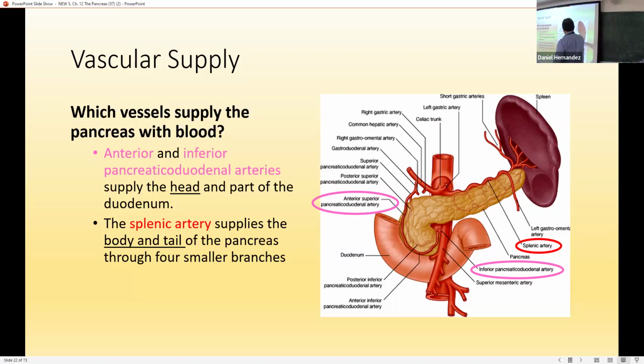So this was our celiac axis. We have that common hepatic artery branching off, and then we have some of the branches that come off. But here was a branch off of that GDA, the gastroduodenal artery. We see here branching, and then we get a further branching of that gastroduodenal artery into the anterior and inferior pancreaticoduodenal arteries that supply the head and part of the duodenum there.